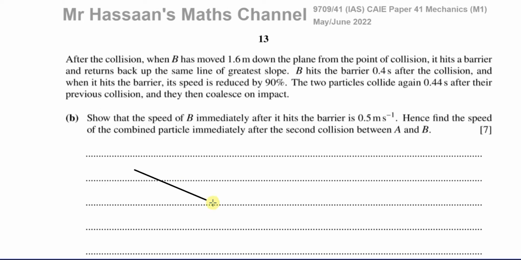So we have, this is A, and this is B after it hits the barrier. Okay, so B has basically come down. Let's draw the barrier with one of these lines.